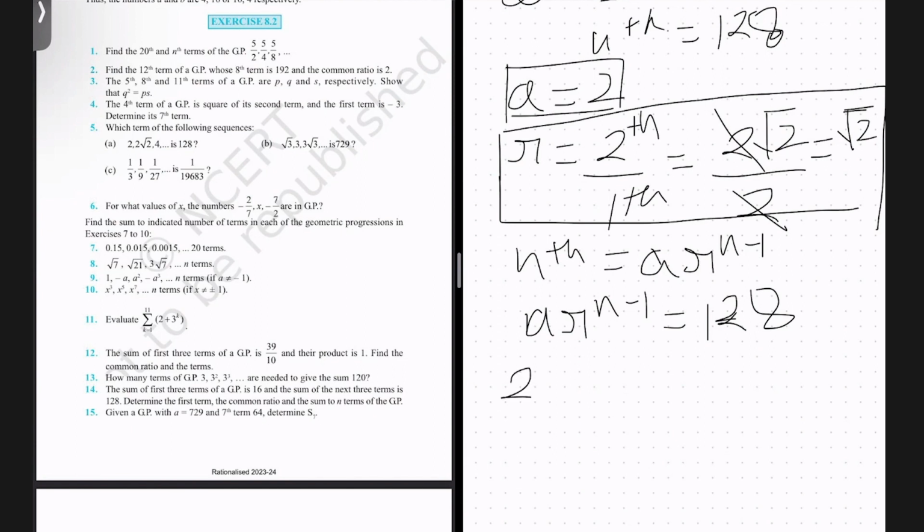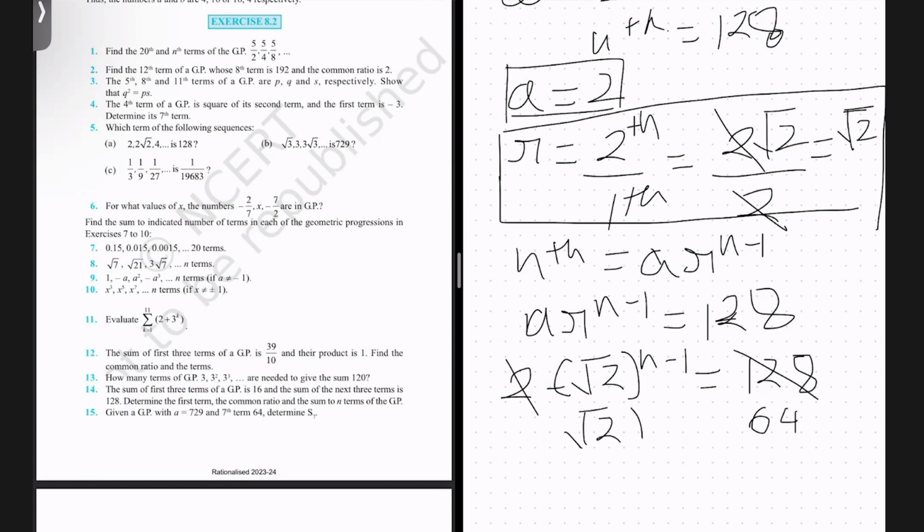So we have A equal to 2, r equal to root 2, so 2 times root 2 raised to the power n minus 1, equating to 128. Now you can divide both sides by 2. Here you will have 64, and here you will have root 2 to the power n minus 1. Correct?